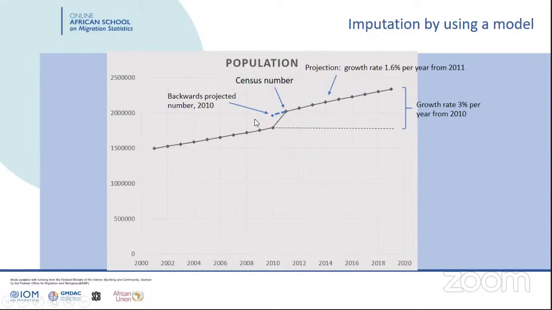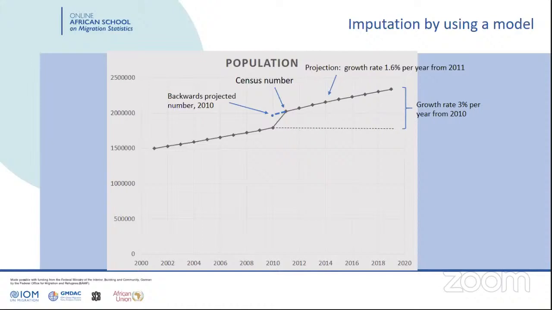So, yeah, when we have looked at the data, we have a number of situations similar to this, where countries have provided census numbers for a new census, let's say 2014, but they are keeping old projected numbers for 2010 up to 2013, for example.